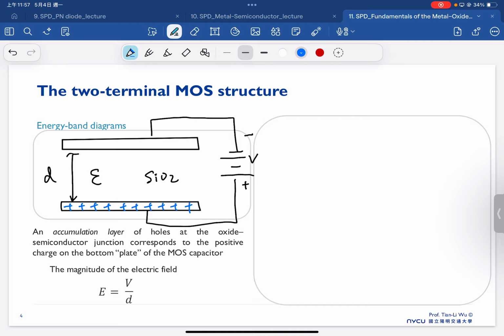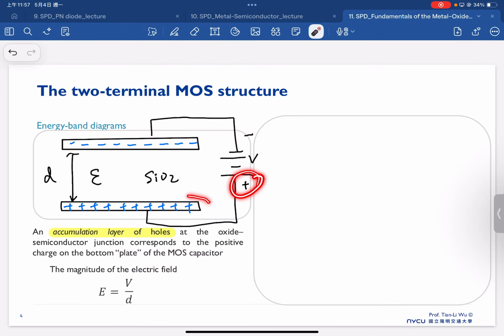And because this is negative, we will have a negative charge here. So in this case, we can consider an accumulation layer of holes, with positive charge on the bottom plate of the MOS capacitance. So that's the first case.